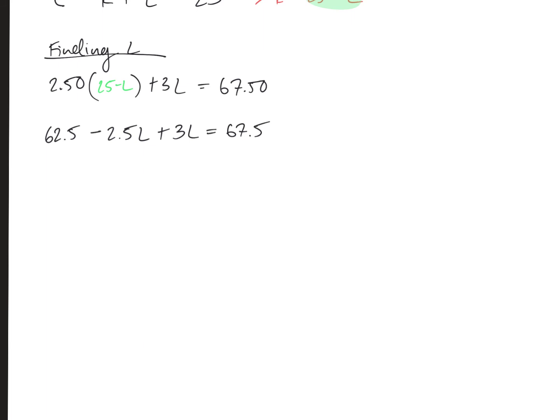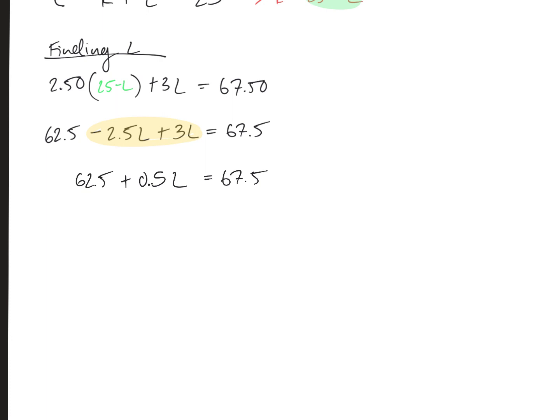Now, how do we simplify this? Well, let's combine the like terms of the L's. So that'll be 3 minus the 2.5, which is just 0.5. Gotta be careful here with all the decimals sort of disappearing.